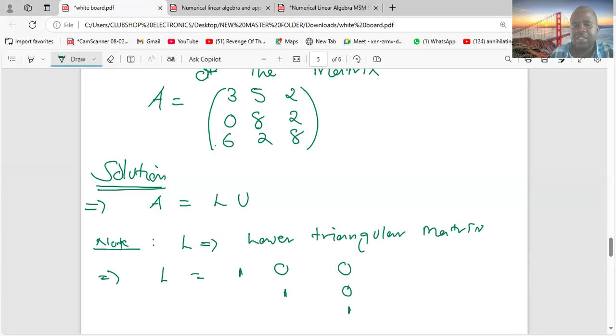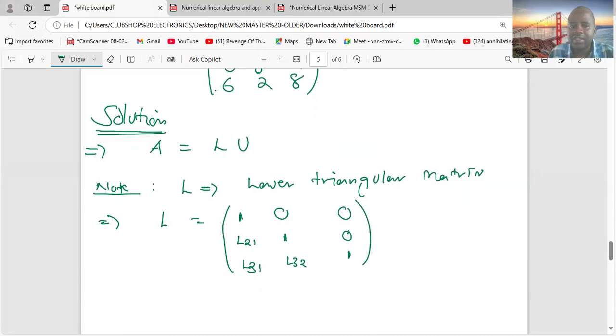Then we need to find L21, then L31, L32. So you can see clearly that we need to find L21, L31, L32. Once we do that, we'll have come up with the lower matrix.